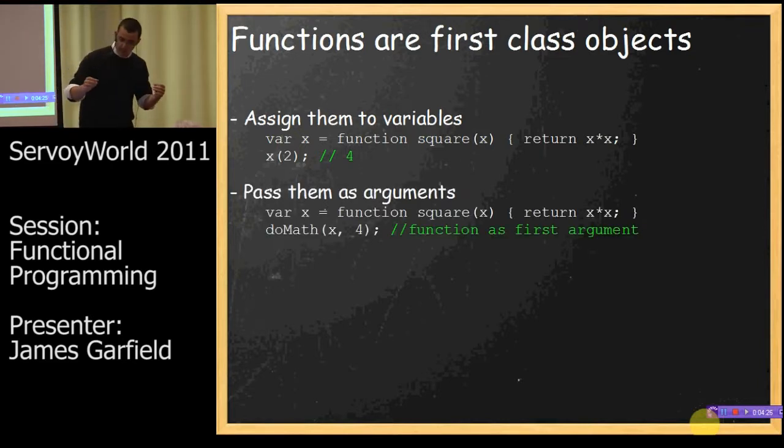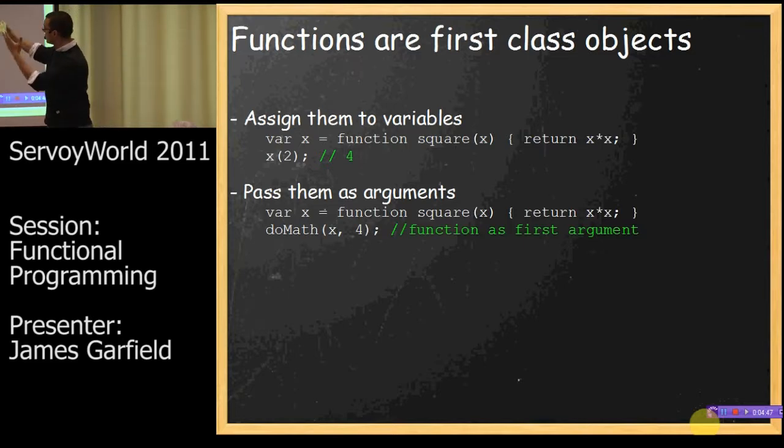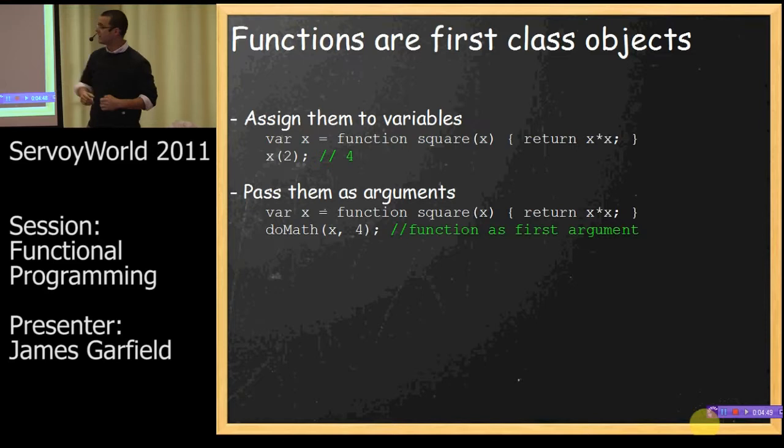You can pass them as arguments. So we have the same square function that I put into x, but now there's another function, do math, that the first parameter is a function. It's expecting a function as its first parameter. So I take x and I pass it to do math, and do math will go do something with that function and the other parameter that I pass in.